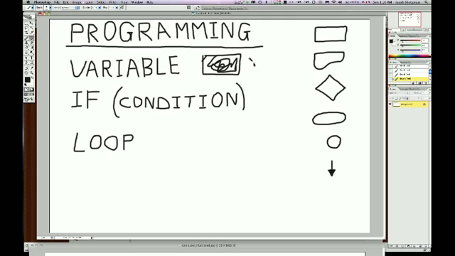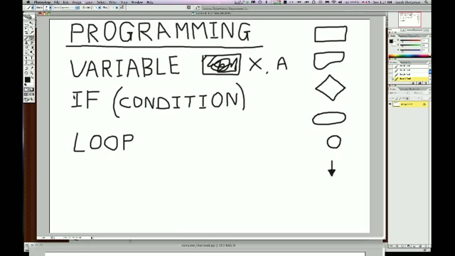So it could be the letter X, it could be the letter A, or it could be several letters, but for now that's enough. So let's say a variable X is something that can contain some value, and it can contain different values at different time. So that's why it's called variable, because it varies. One time X could be equal to 1, next time X could be equal to 10, and we'll see how we use variables very soon.